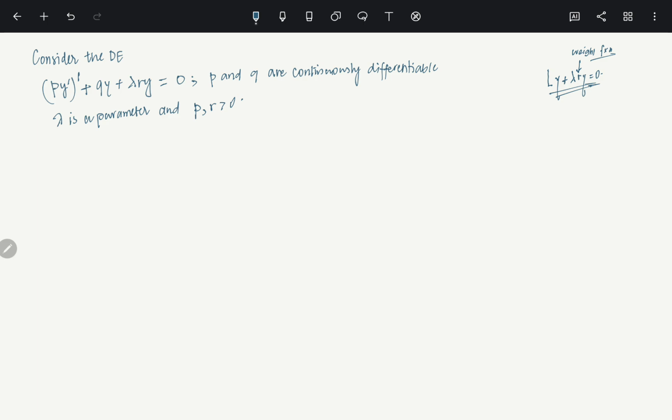Otherwise, if p is 0 or something like that, then this is not a regular boundary value problem. In that case it will be a singular boundary value problem. We are also assuming all of this in a closed interval alpha beta, because we are basically looking at a regular boundary value problem.